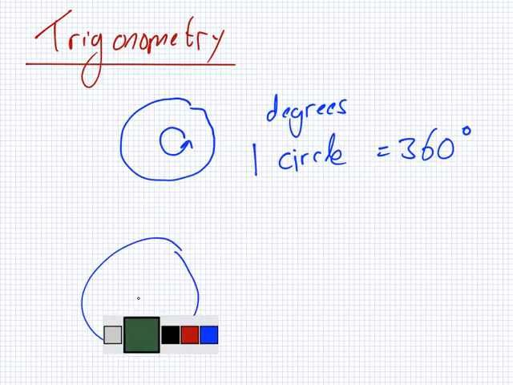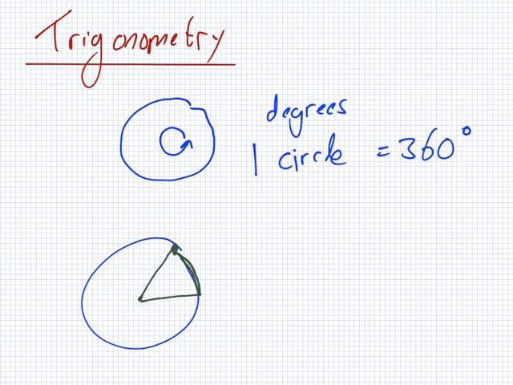Instead of measuring the angle using degrees, what we'll do is we'll measure the angle by how big this is. So I'll explain. Let's just say this is r, and this is r, and this is theta, and this part here is L. Then we'll make theta equal to L over r. It's how much this is compared to this.